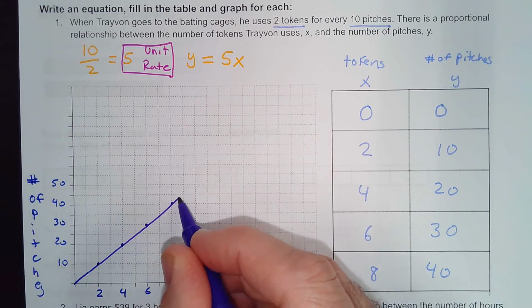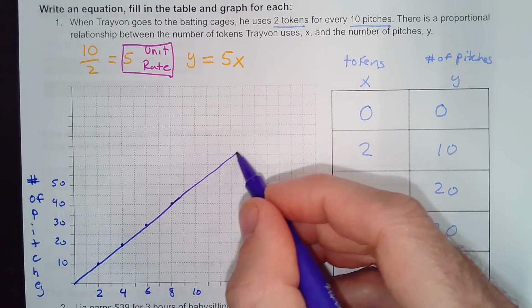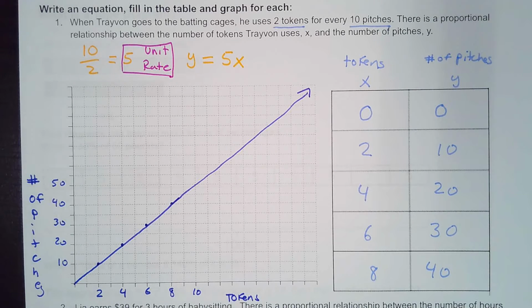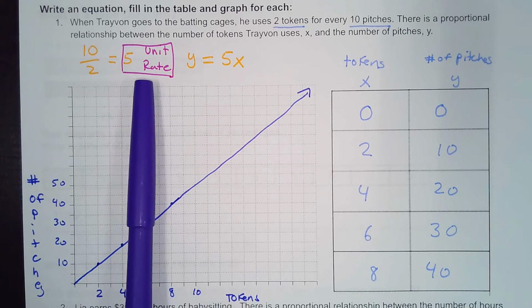So here would be our rough sketch of our line, of our proportional graph. It goes through the origin, it's a straight line, it's proportional, our unit rate is 5.